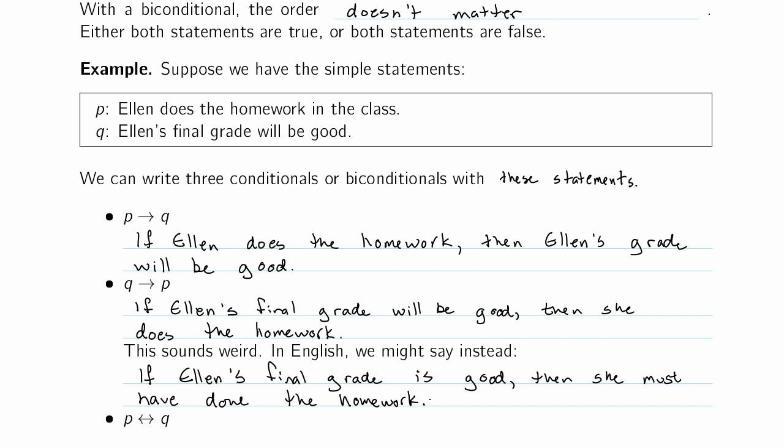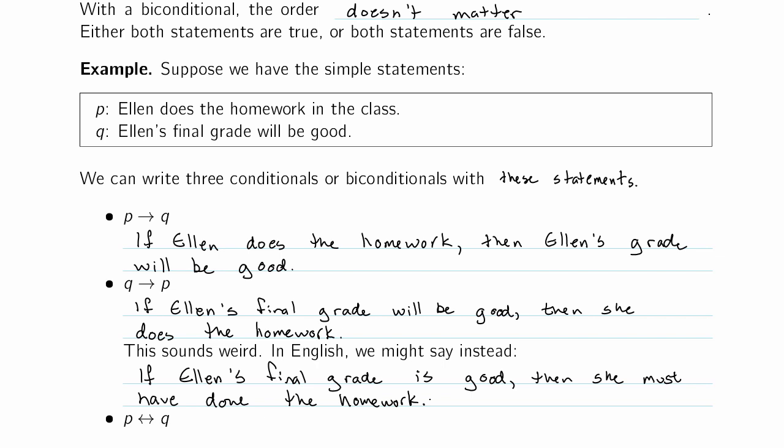From a truth value perspective, that means the same thing. It means Ellen's final grade being good, but her not having done the homework, is impossible. It's impossible that Q is true while P is false, but it sounds more natural to say.